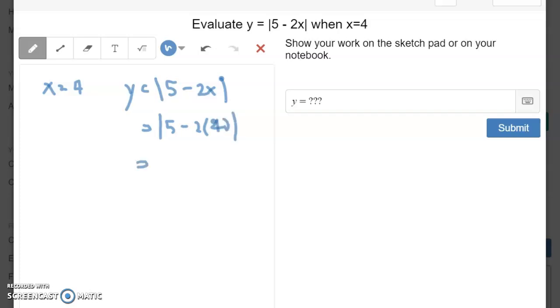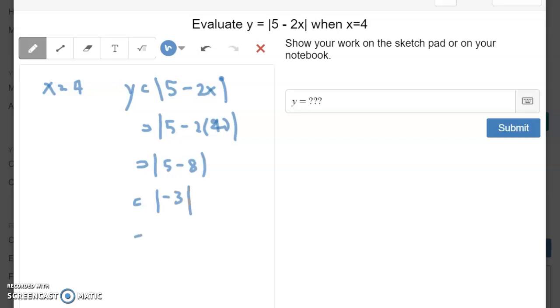Remember, absolute value is a grouping symbol. That means you need to evaluate what's inside first before you take the absolute value. You only take the absolute value of some number when it's just a number inside by itself. So that becomes 5 minus 2 times 4, which is 8, and 5 minus 8 is negative 3.